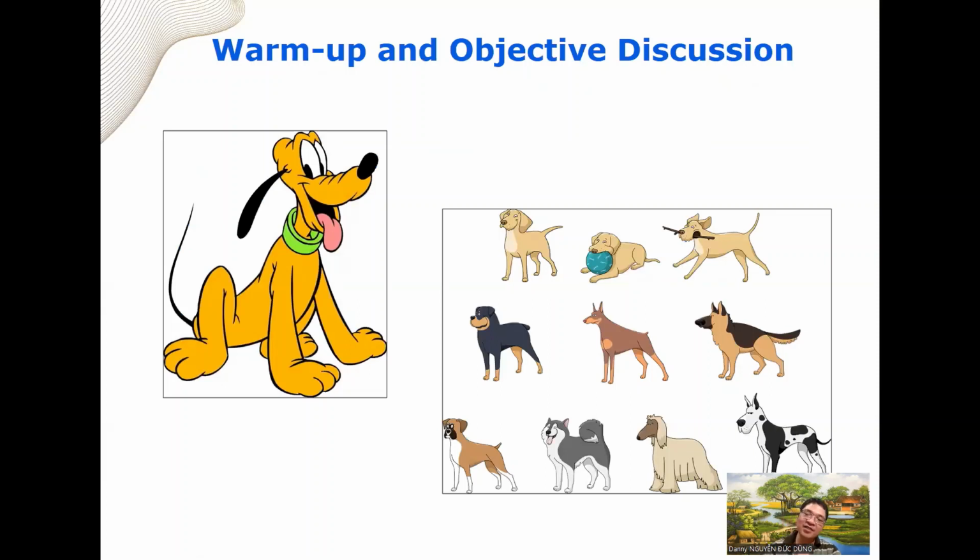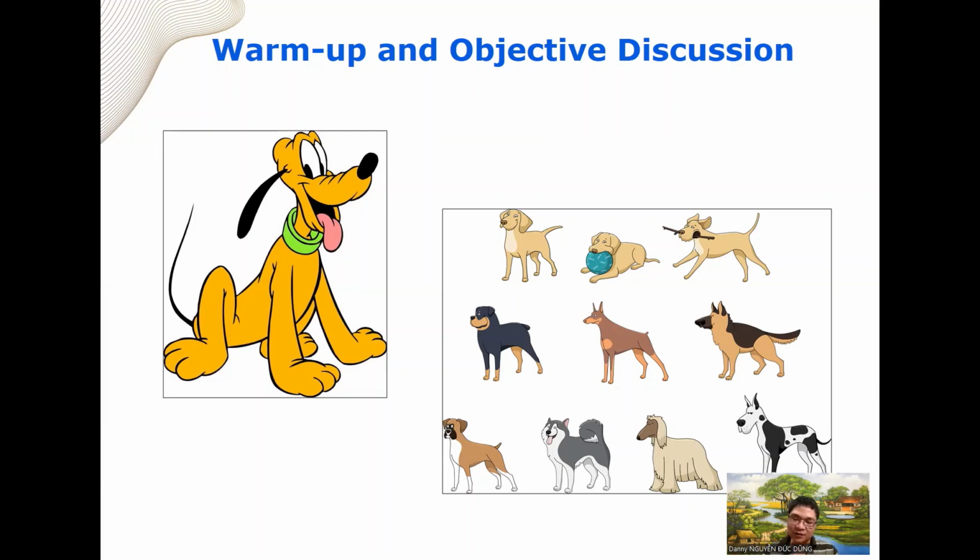We call them dogs in general. What is the difference? On the left, it is exactly the one, Pluto, and we can know exactly him. On the right-hand side, it is a general name of a type of animal, dogs.